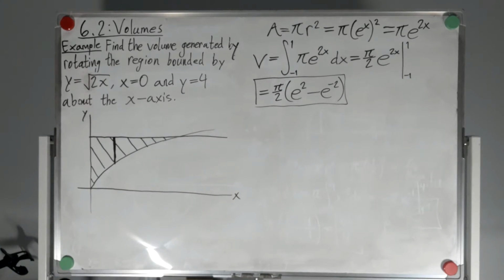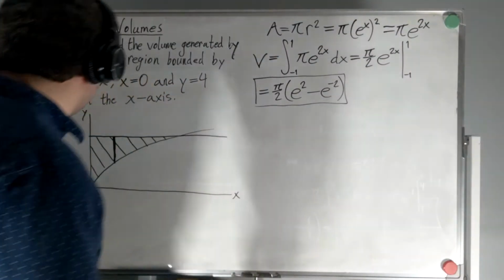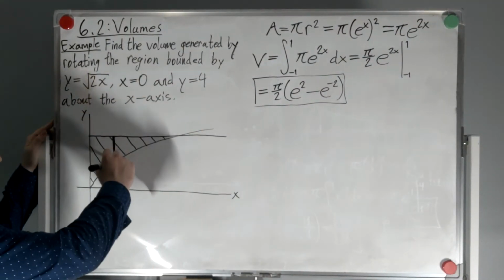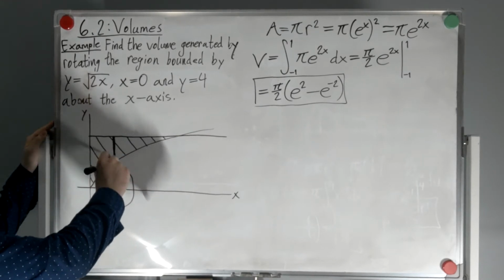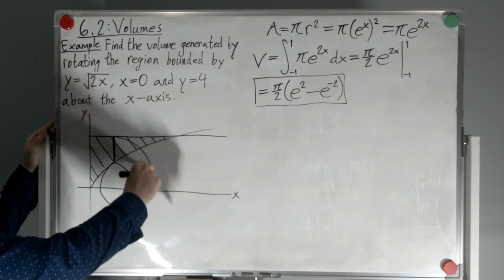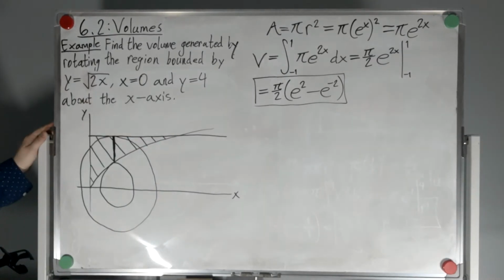That's going to give you a washer, a disk with a hole in the center. So, rotate this around. This goes over a circular path. This goes over another circular path. And you get a washer.